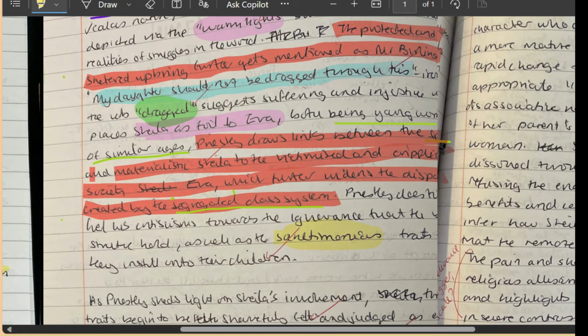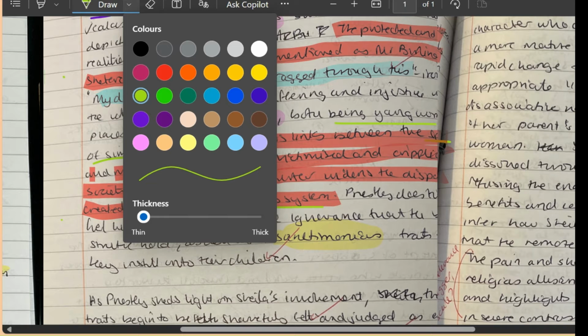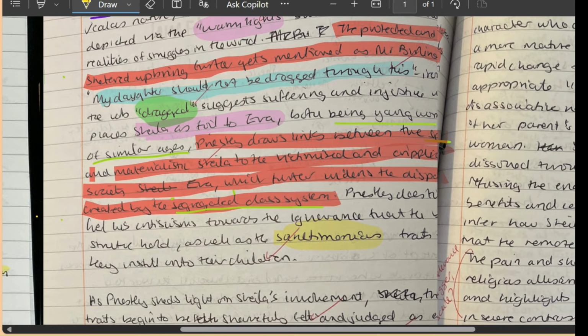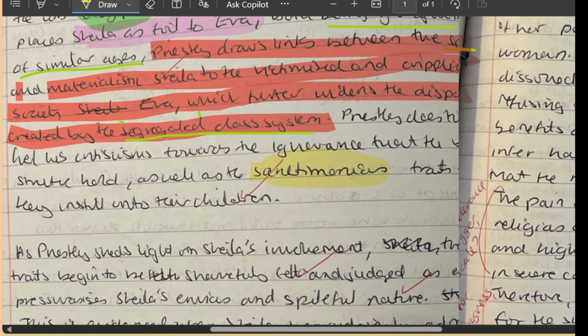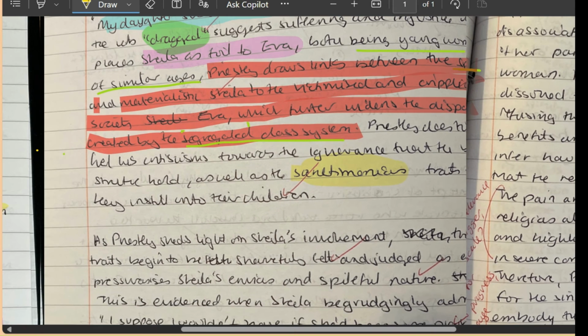So it's a bit difficult to read this, many apologies. So sanctimonious, which means very self-righteous, believing that you're right, and the traits that are instilled onto their children. So this is a very unique point there, because it's suggesting that the reason why Sheila is like this is because of the way she's been treated by her parents.